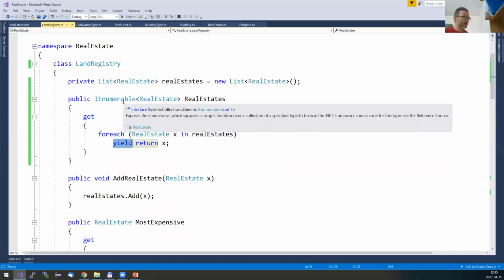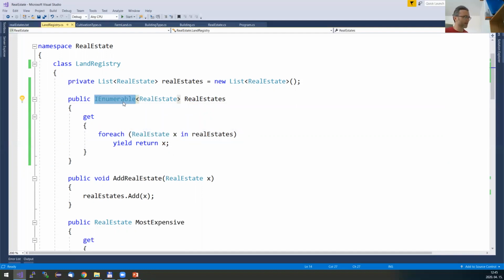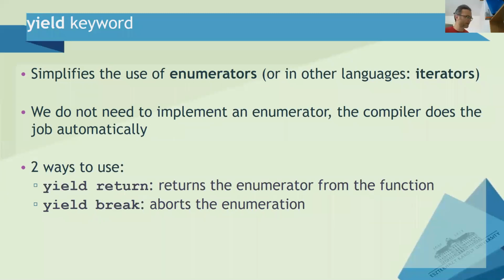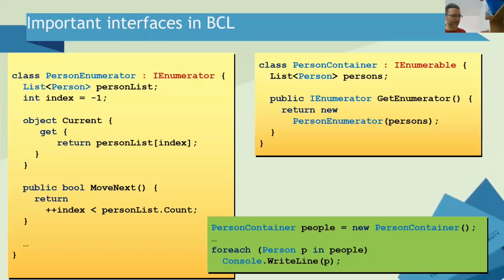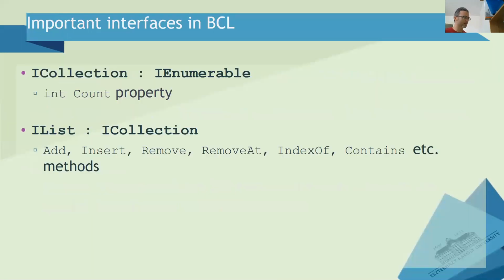And there is some technical side, so you have to use this yield keyword and this interface, but that's it. Actually, you don't need anything else. In the background, the compiler generates something like this on the slide with an enumerator class, but you don't have to implement this enumerator. This is implemented automatically, and this is the power of the yield keyword.